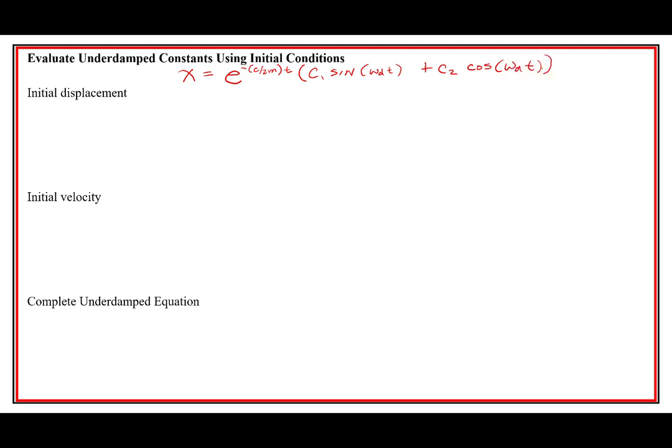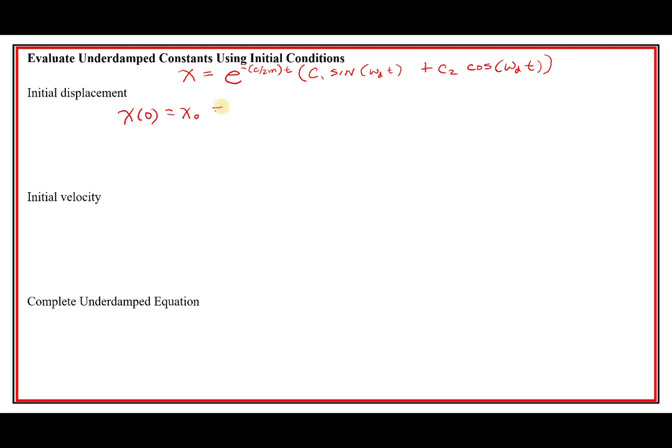I didn't do a great job with some of these subscripts, so let me make that look like a subscript. This too looks like it could be a dt when it's supposed to be omega d times t. Our initial displacement we could call x naught, that's small x.